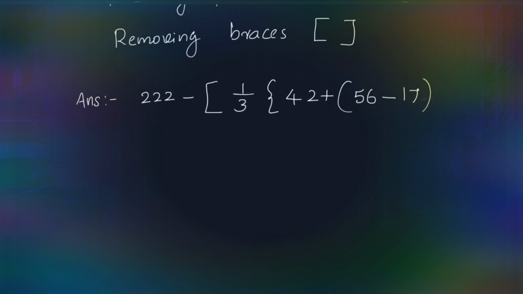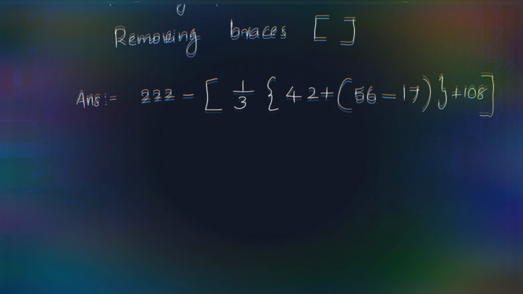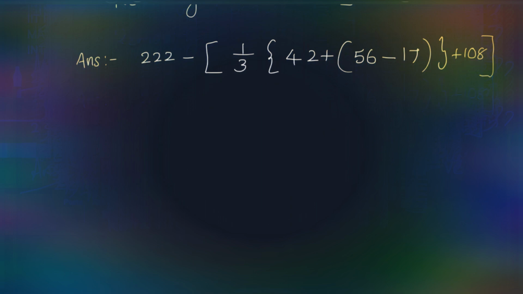Then close the simple bracket, then close the double bracket, plus 108, then the square bracket. Next operation is to remove the simple bracket. We write 222 minus, square bracket, then 1 by 3, then double bracket, then 42, then remove the simple bracket by subtraction.